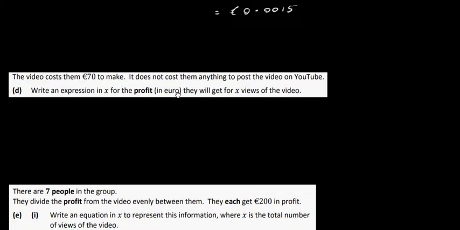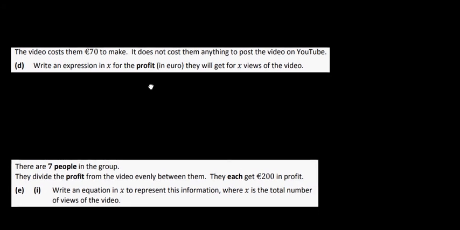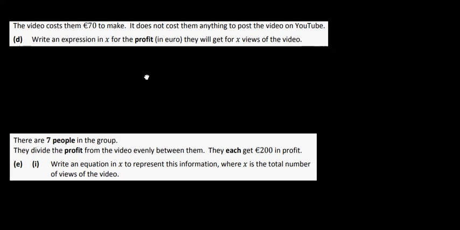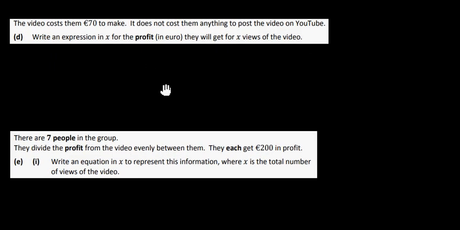Okay, next question. The video cost them 70 euros to make. It does not cost them anything to post the video on YouTube. Write an expression in x for the profit they will get for x views of the video. Okay, so the profit then. It's what they're going to make minus what it costs them to make it. So how much are they going to make? Well, they're going to get x number of views.